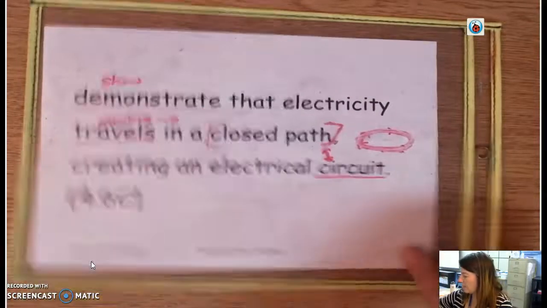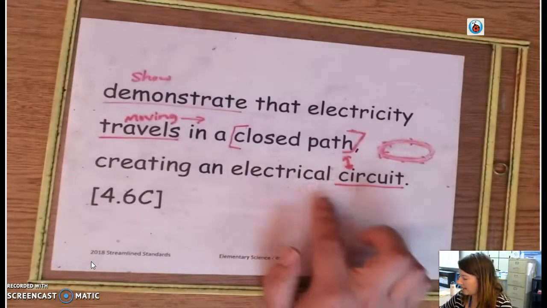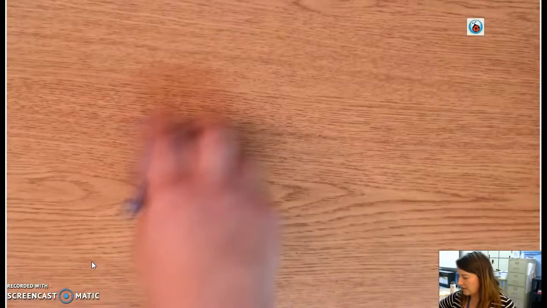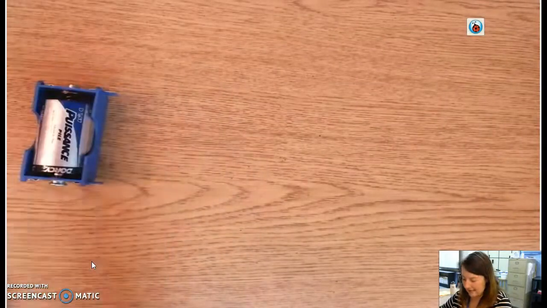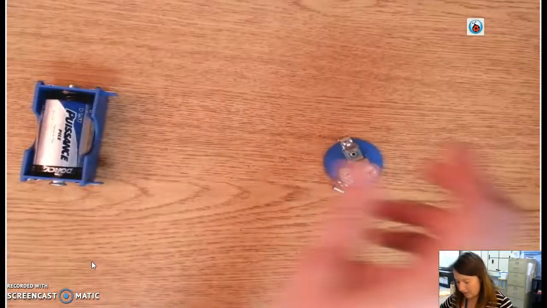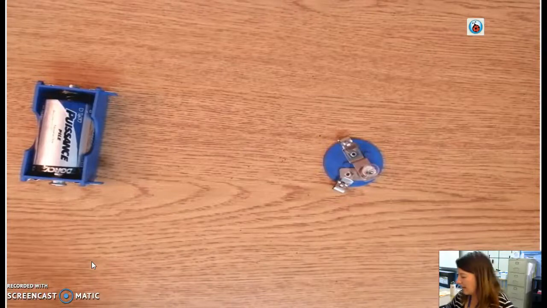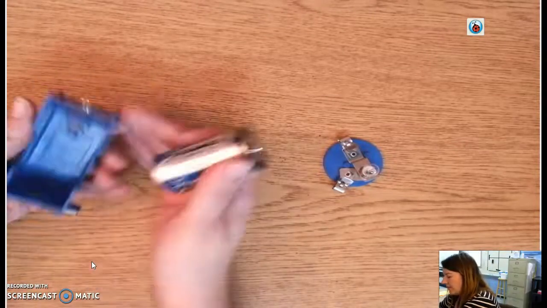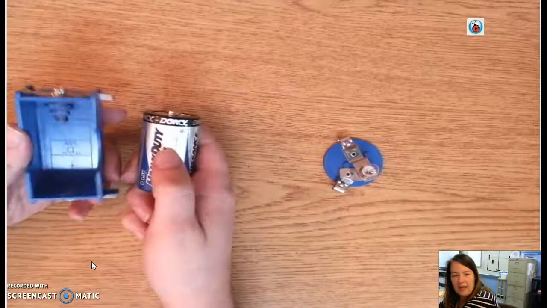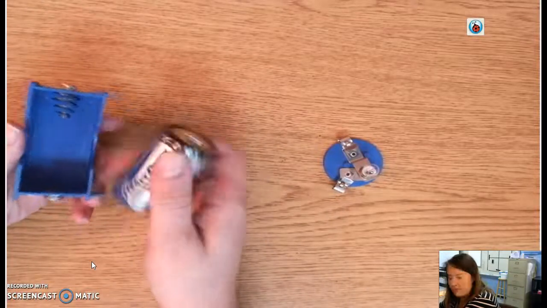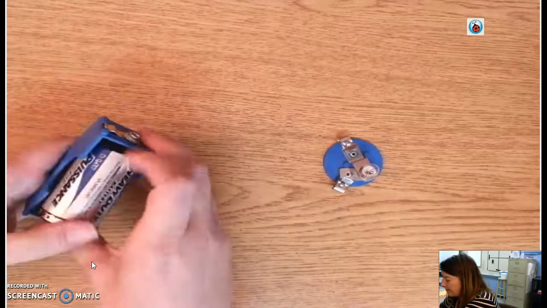Let me show you an example of an open path and a closed path circuit using some of these tools that typically we would use in the science lab, but since the science lab is closed, I'm just going to show you here an example. So here I have a battery. It fits inside this little battery case. So I'm going to put my battery in.